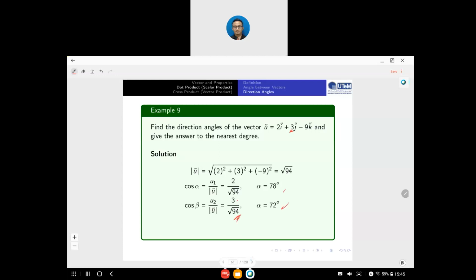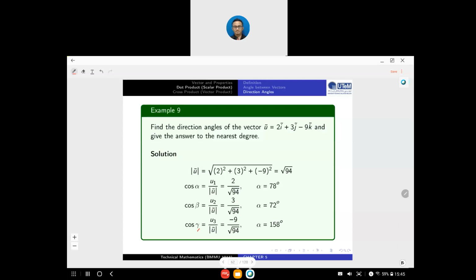And then the last one, cos gamma, negative 9 over root 94. Oh, sorry, this one is alpha, this one is beta, this one is gamma. You can get 158 degrees because you want to find it to the nearest degree. Can you understand? That one is for the dot product.